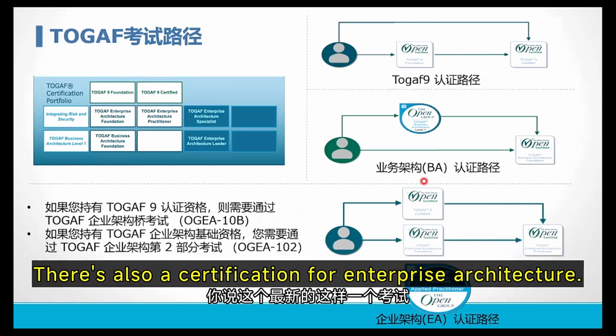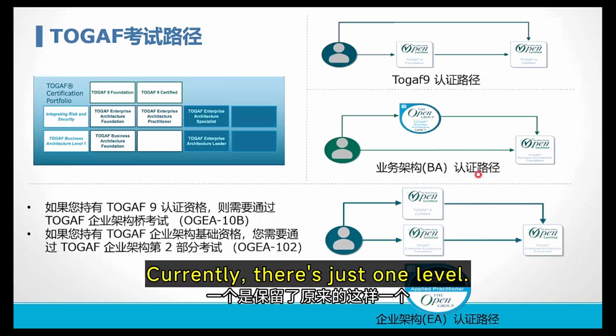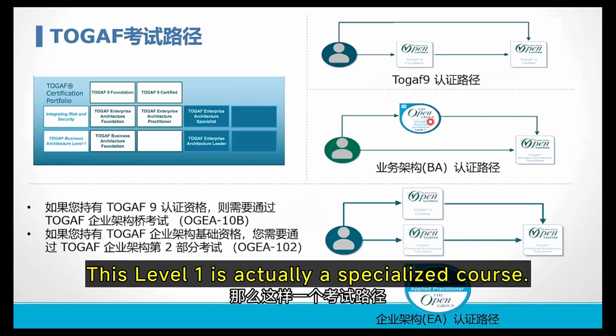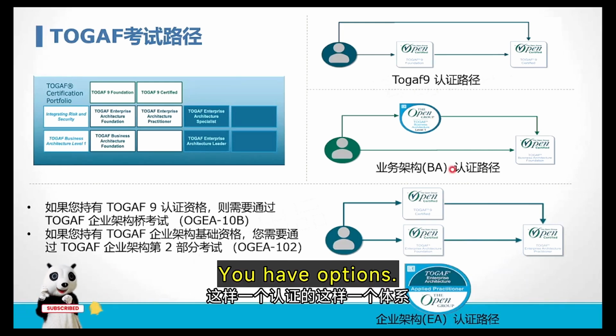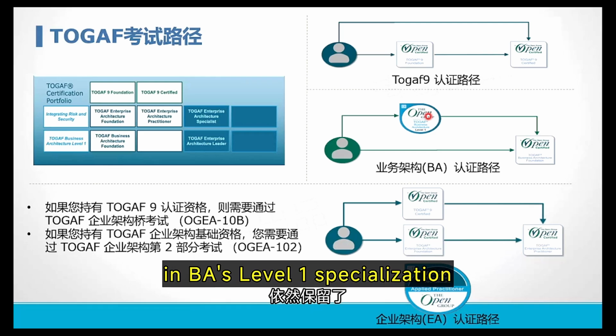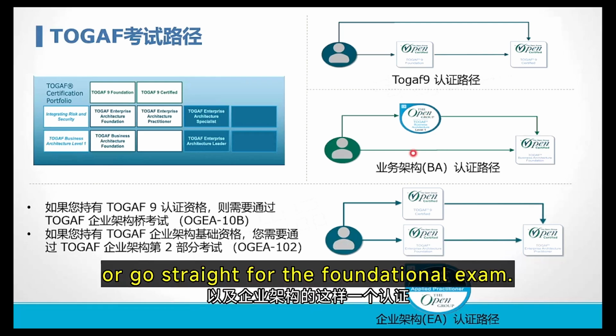There's also a certification for Enterprise Architecture. So, if you're interested in architecture, currently there's just one level. It's the foundational level. This Level 1 is actually a specialized course. You don't have to start from scratch. You have options. You can take the Level 1 course, in BA's Level 1 specialization, then take the foundational exam. Or go straight for the foundational exam.